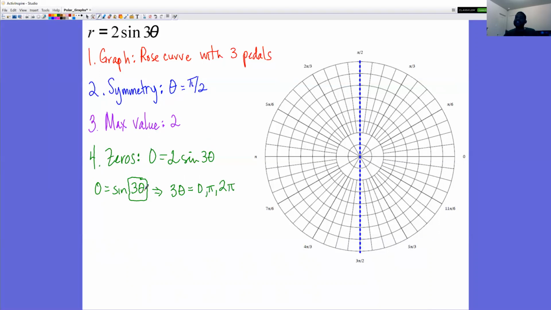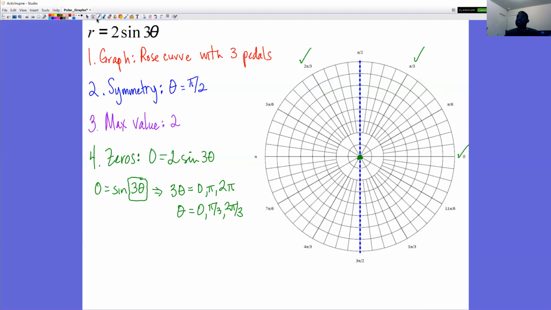But this is not theta, this is 3 theta. So I got to divide each of those by 3. So I get 0, pi over 3, and 2 pi over 3. So that means at these angles here, they all have an r value of 0. So those are taken care of.